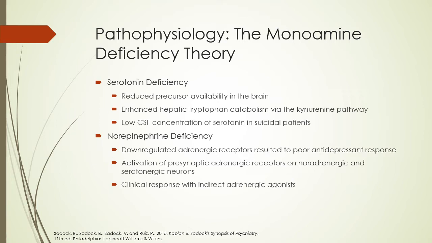Next would be norepinephrine deficiency. They found out that in patients who are depressed and given antidepressants, if the receptors for norepinephrine are downregulated, which means that the receptors on the cell surface of these neurons are not available, they are few in number, then there is an expected poor antidepressant response.